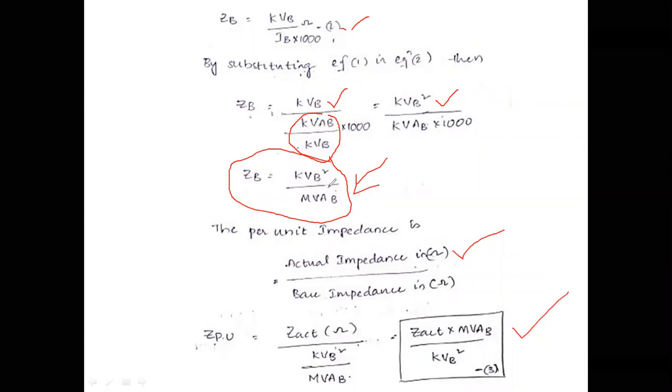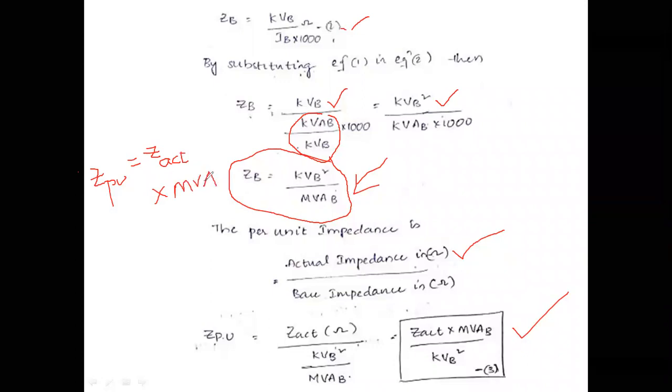Now we have derived the expression for Z base, kV base square divided by MVA base. Similarly, I have substituted the same in this case. Now if I simplify this, obviously what will you get? Z per unit is equal to Z actual multiplied by MVA base divided by kV base square. This is a very important formula.